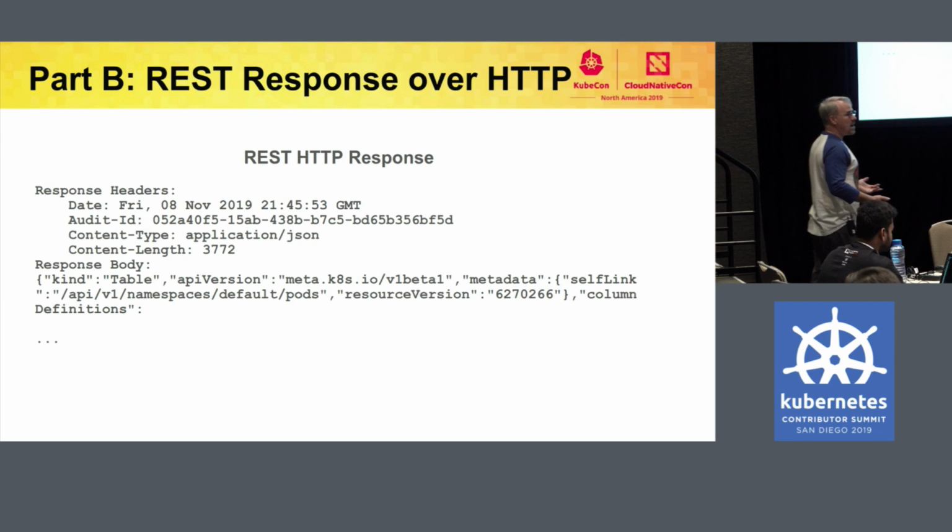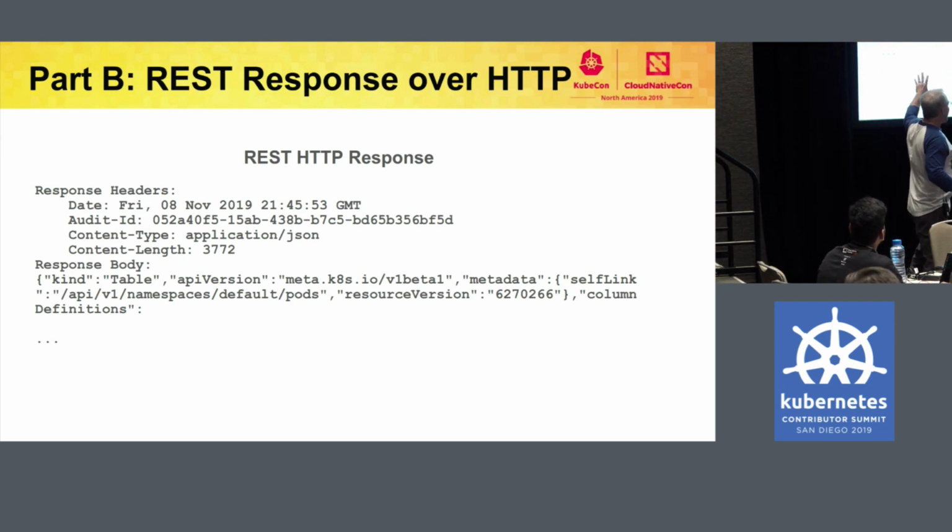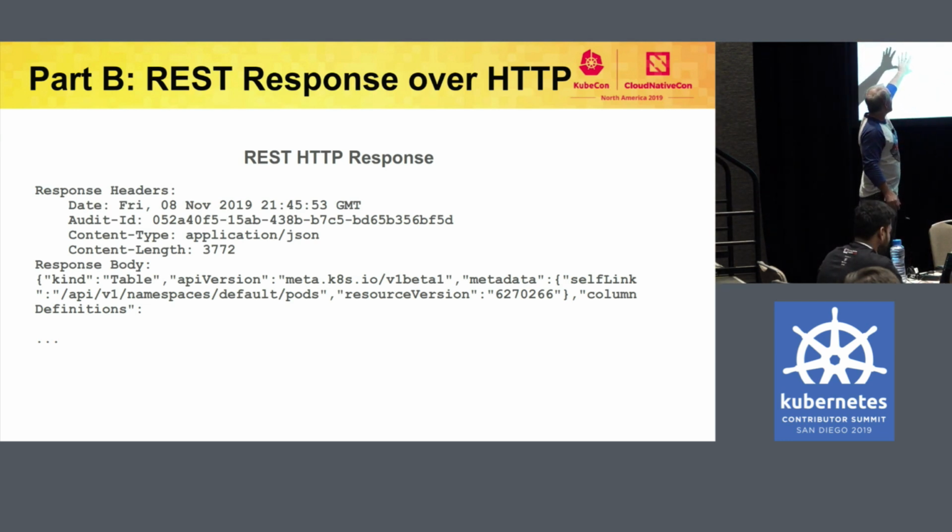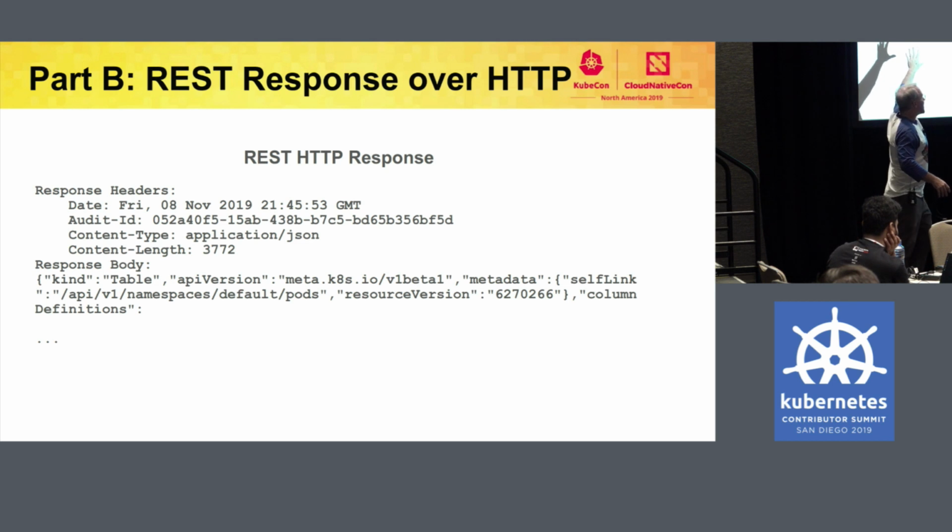So this is the response. We get some response headers, and the important part is the response body. For this request it's a table, but it can also be a pod. It's actually a JSON blob in the response body.